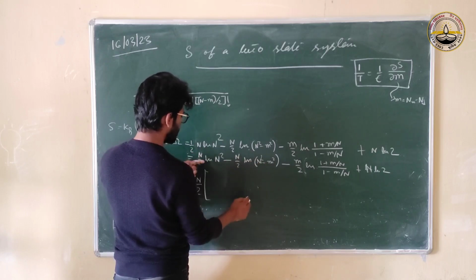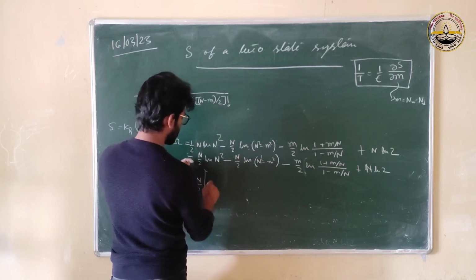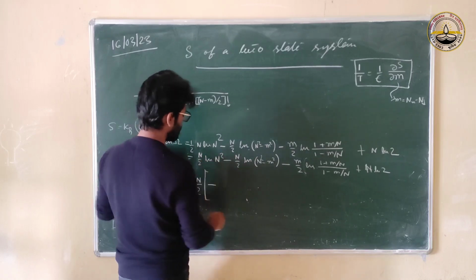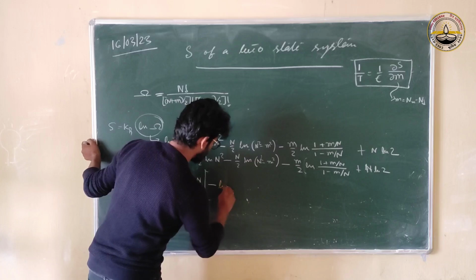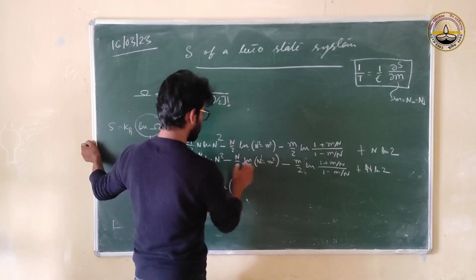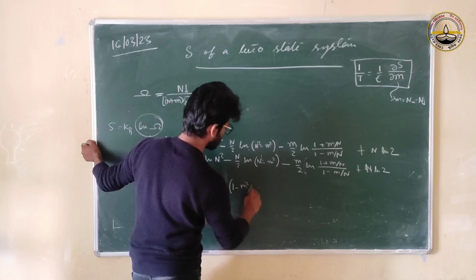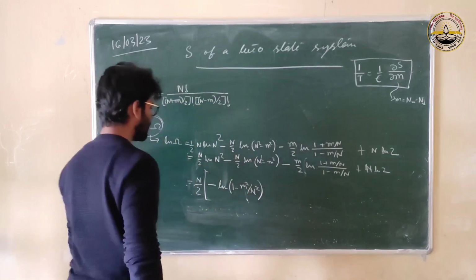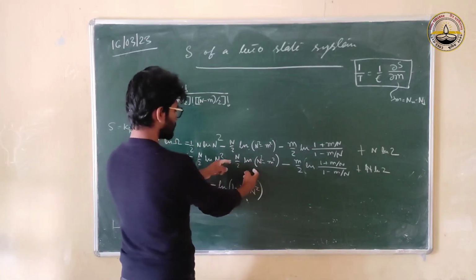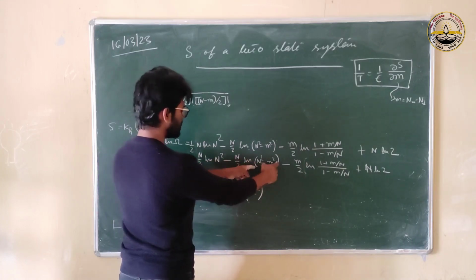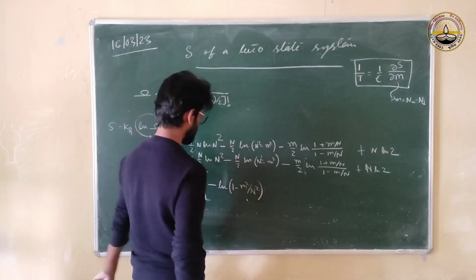So let's take a minus in front. Okay, then this will become ln this divided by this. So which becomes then ln this divided by this, which means 1 minus m squared by n squared. Okay, this is minus, so I took in the front, plus this, so this is log of this divided by this, which is this.